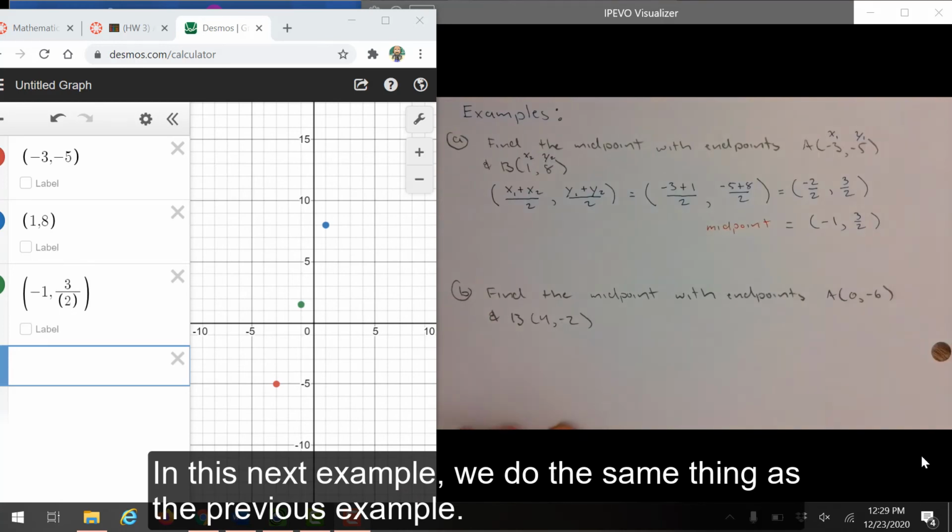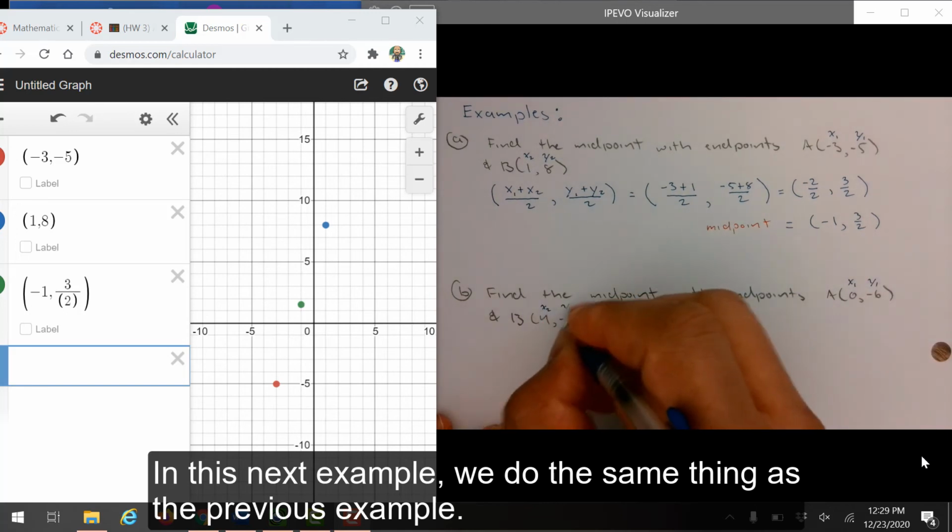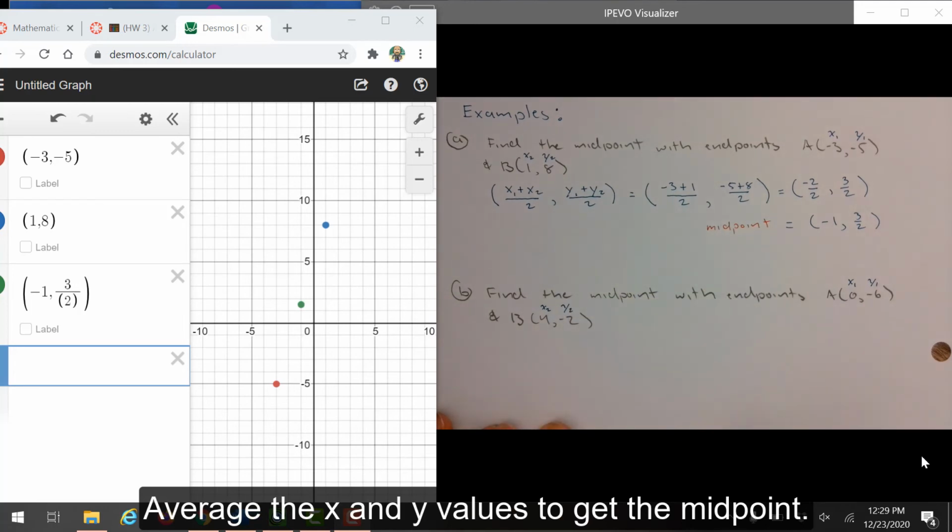In this next example, we do the same thing as the previous example. Average the x and y values to get the midpoint.